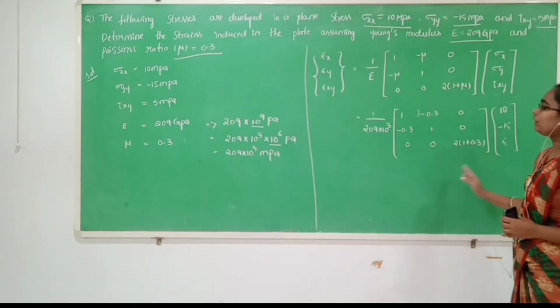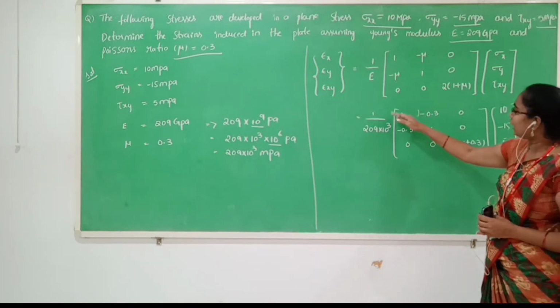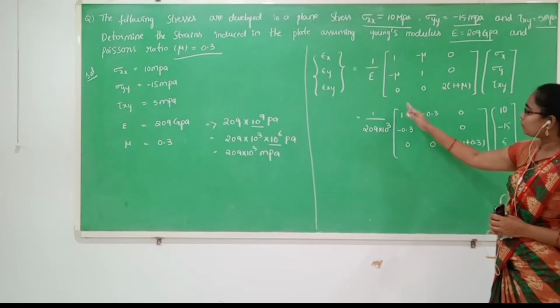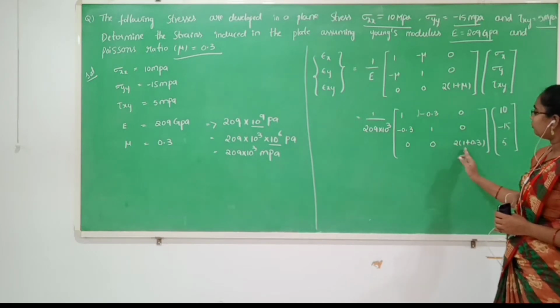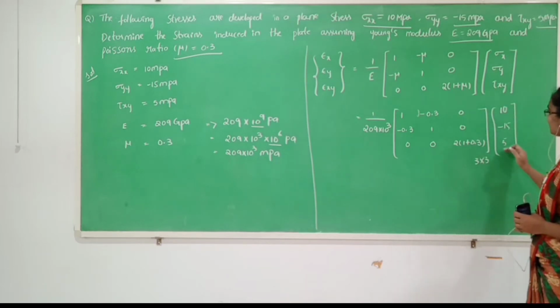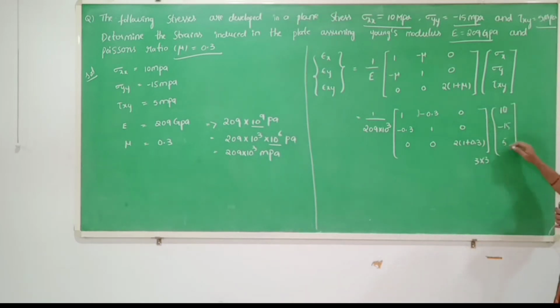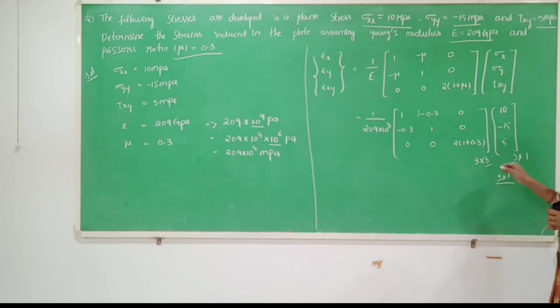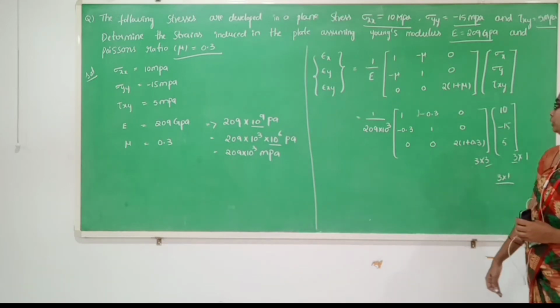This is a 3 by 3 matrix with 3 rows and 3 columns, and this is 3 rows and 1 column. So the final matrix obtained is a 3 by 1 matrix.